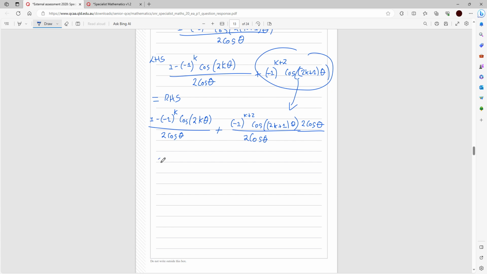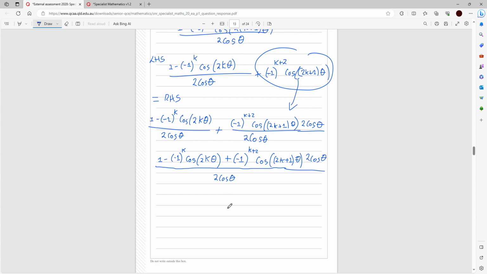So we'll have 1 minus negative 1 to the k cos of 2k theta plus negative 1 to the k plus 2 cos of 2k plus 1 theta times 2 cos theta, and this is all over 2 cos theta.